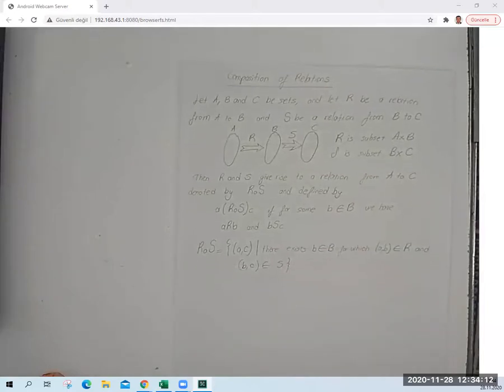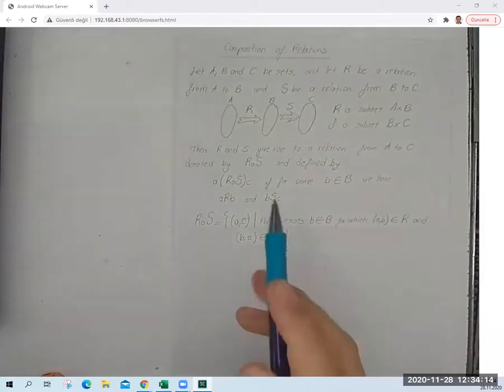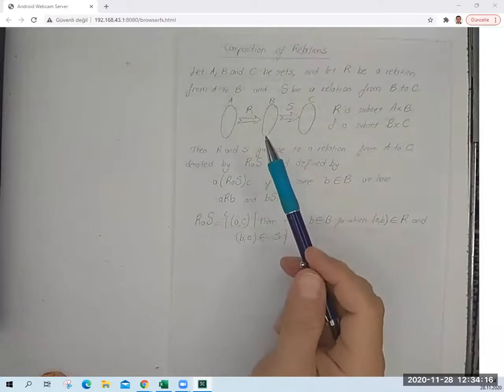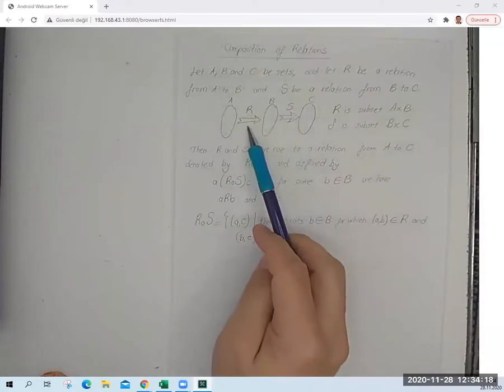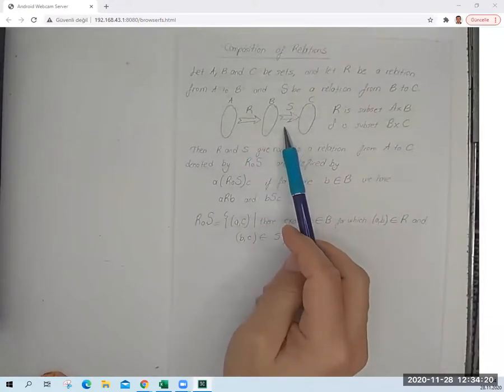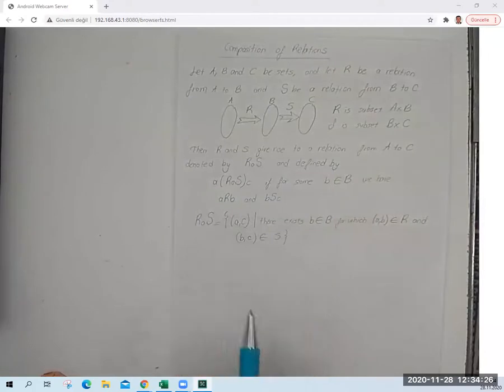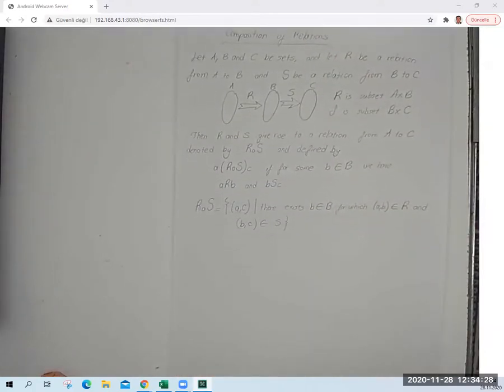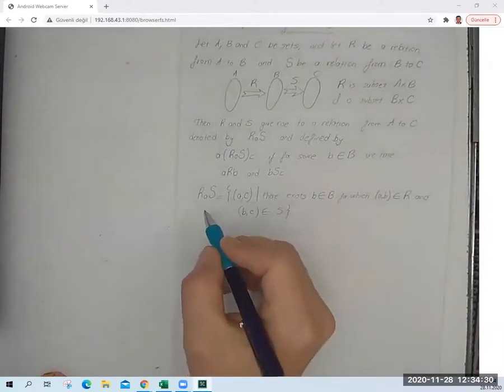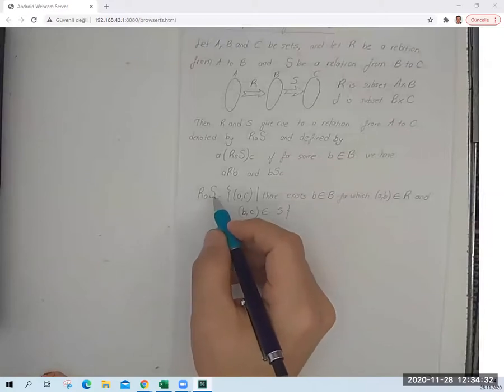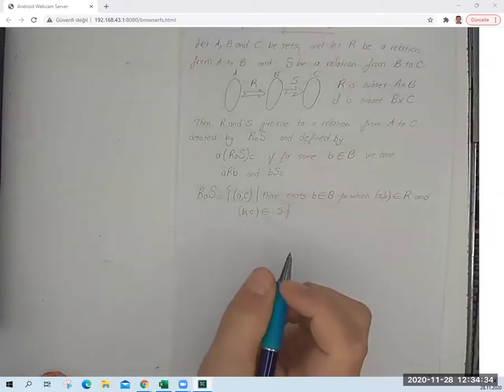I have two relations between three sets, relation R here and relation S here, and according to them I define the composition relation using the R and S relations.